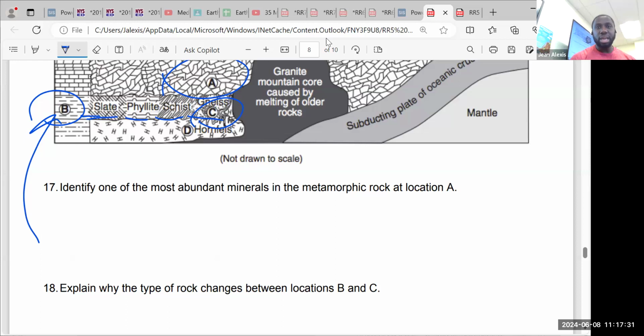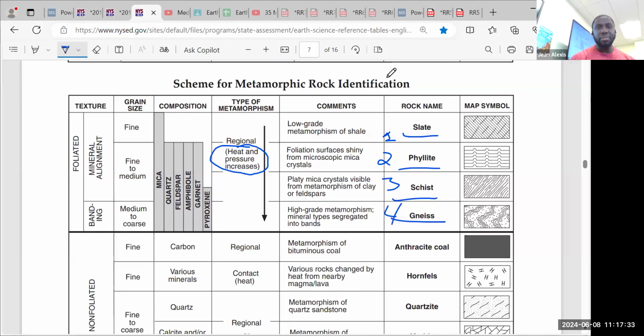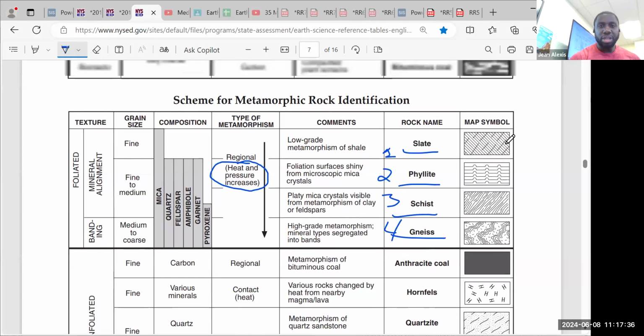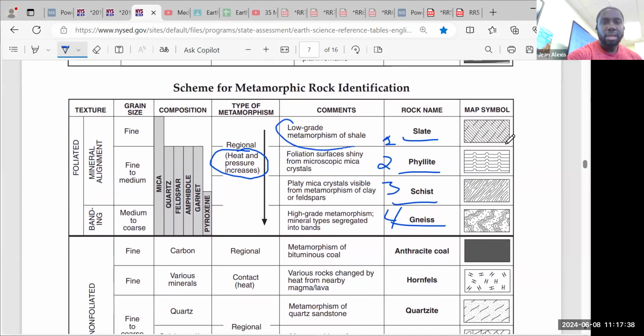You started with shale, and look at the comments on page 7. Once shale goes through low grade metamorphism, it turns into slate. If you continue to increase the heat and pressure, it turns into phyllite. Increase it even more, it turns to schist, and even more, it turns into gneiss. So number 18, the heat and pressure increase.